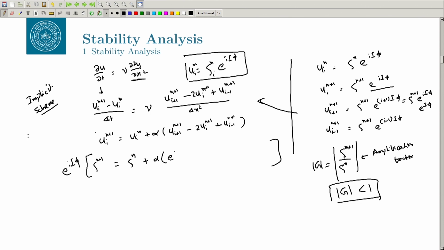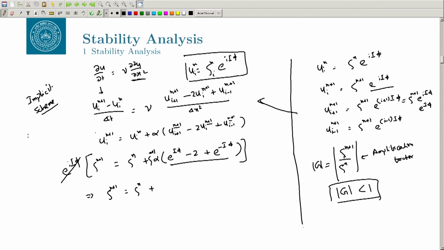So, this will be e to the power I phi minus 2 plus e to the power minus I phi, right, like we have done earlier, and this entire thing is basically multiplied by e to the power I phi. Okay. And there will be zeta to the power n plus 1 here also, right, because everything is at n plus 1. So, now you can just remove this, okay, and now rearrange this. Zeta to the power n plus 1 will be zeta to the power n plus, now what is this?